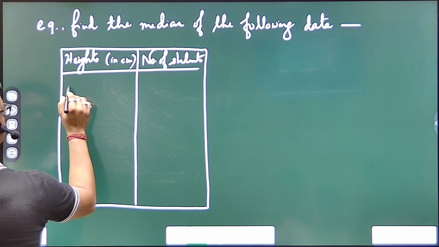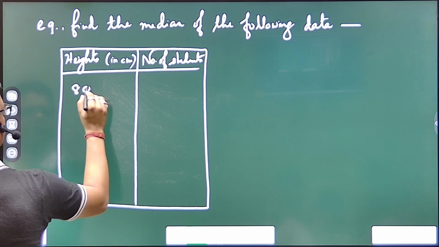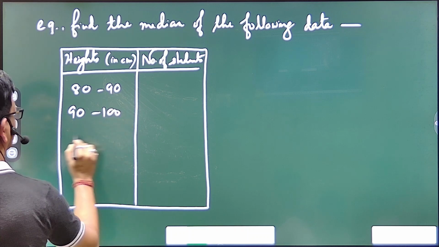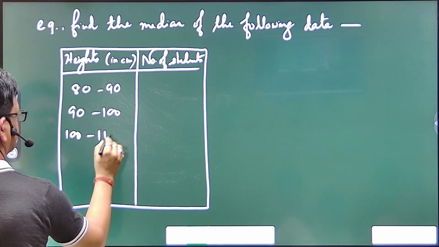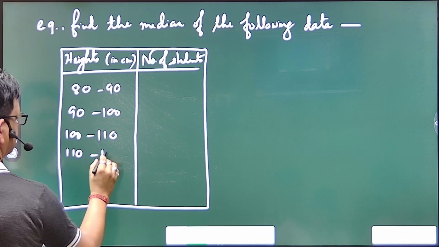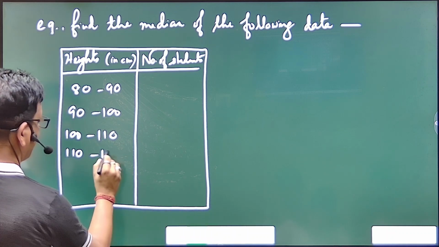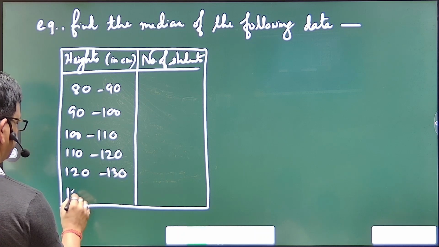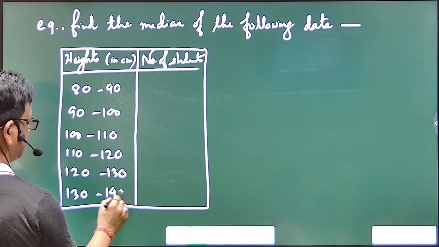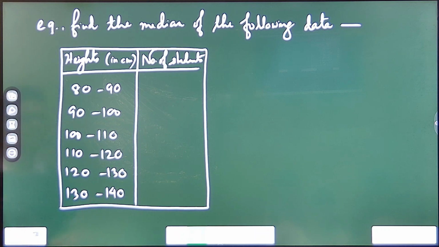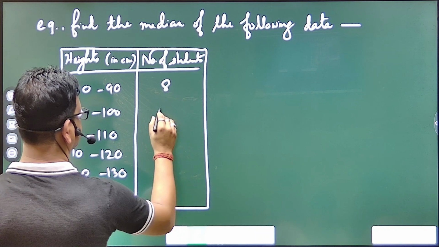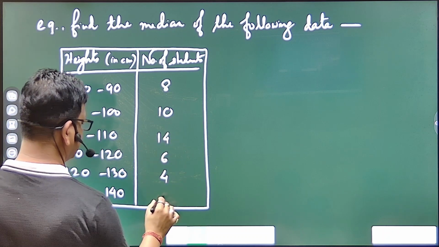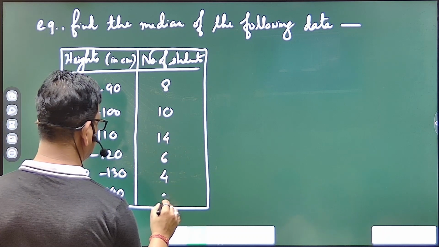Supposing the heights are from 80 to 90, 90 to 100, 100 to 110, 110 to 120, 120 to 130, and 130 to 140. The number of students having these heights are 8, 10, 14, 6, 4, and 2.